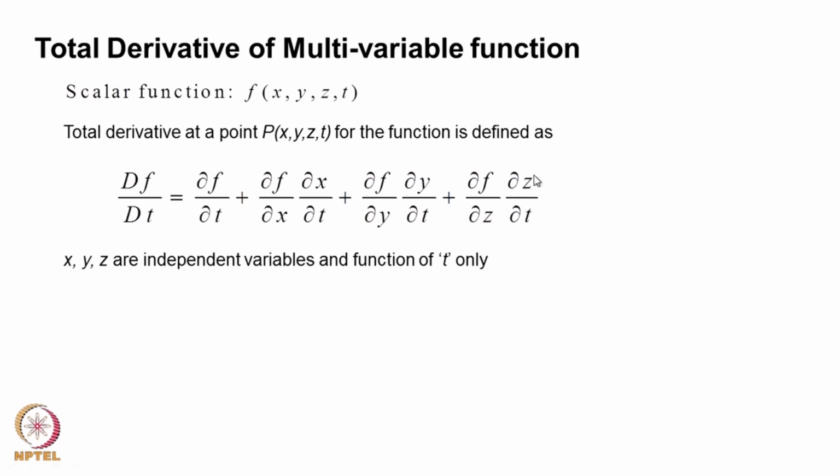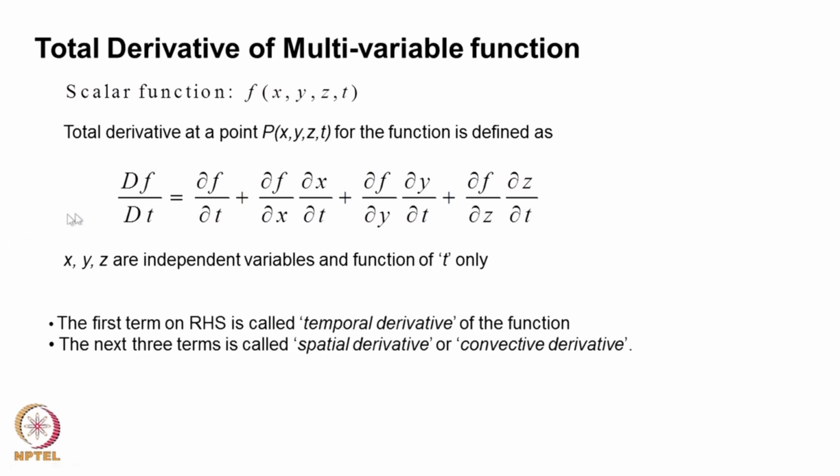Because function f is dependent on 3 coordinates x, y, z and t, we have partial derivatives defined for that function in time as well as in the other 3 spatial coordinates. Such a derivative is defined here as capital D by Dt, which is known as the material derivative, substantial derivative or total derivative.